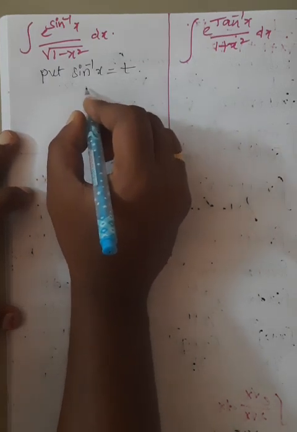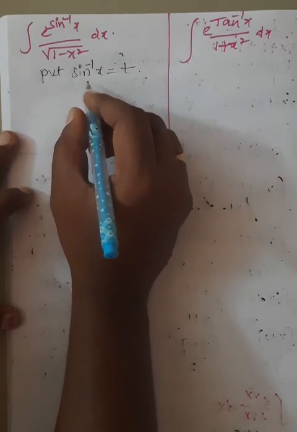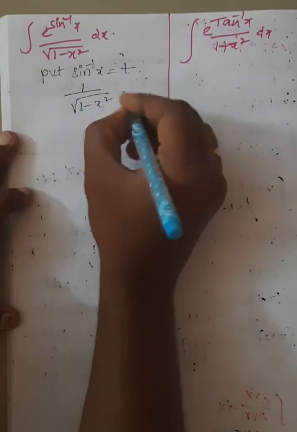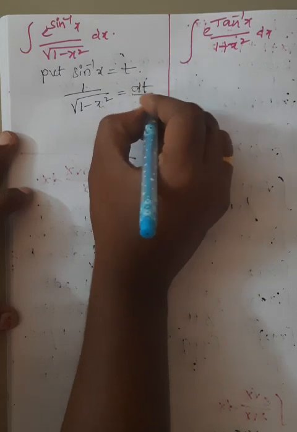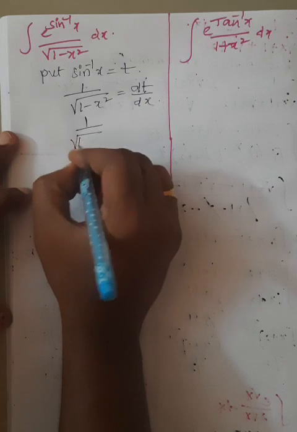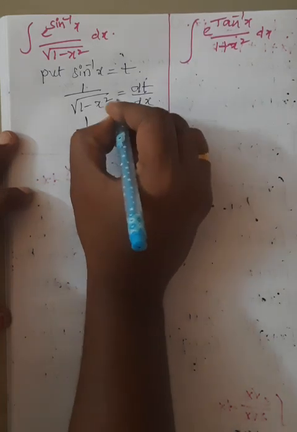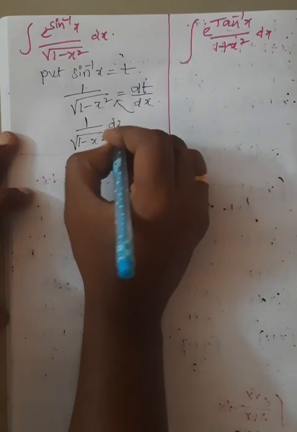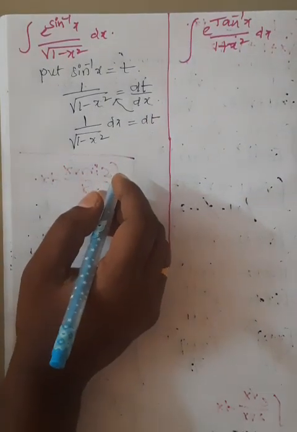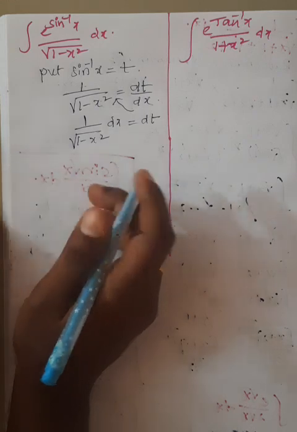The differentiation of sin inverse x is 1 by root of 1 minus x square, equal to dt by dx. Therefore 1 by root of 1 minus x square into dx is equal to dt. We get this after cross multiplying dx with 1 by root of 1 minus x square.